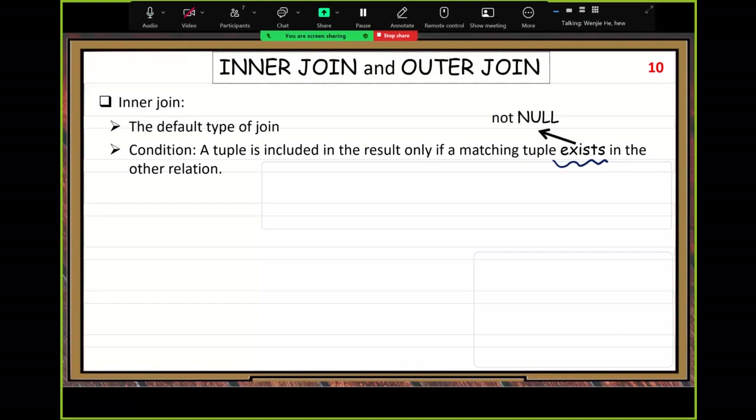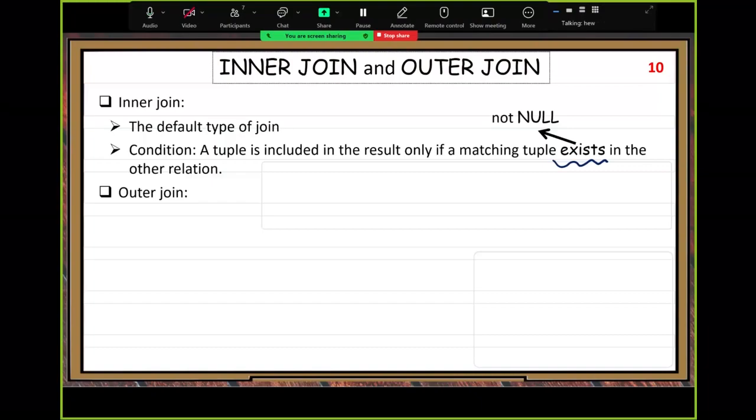If it's null, then we do not treat it as existing. If the matching part is null, that means not matching. Matching means normal values matching, right? You match based on normal values. Null is not a normal value, so you cannot treat a null value as a matching value.